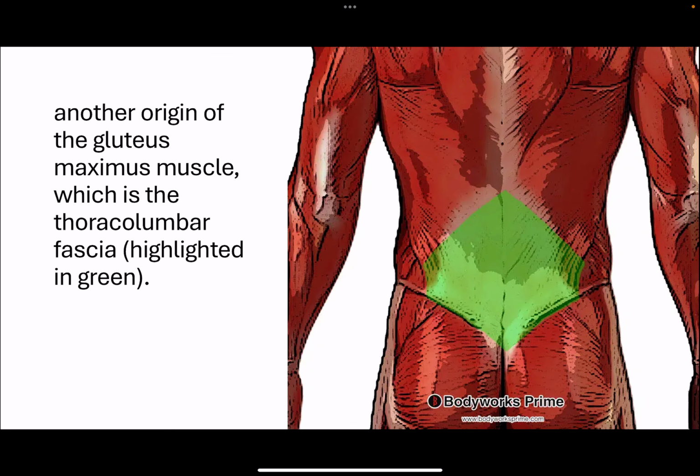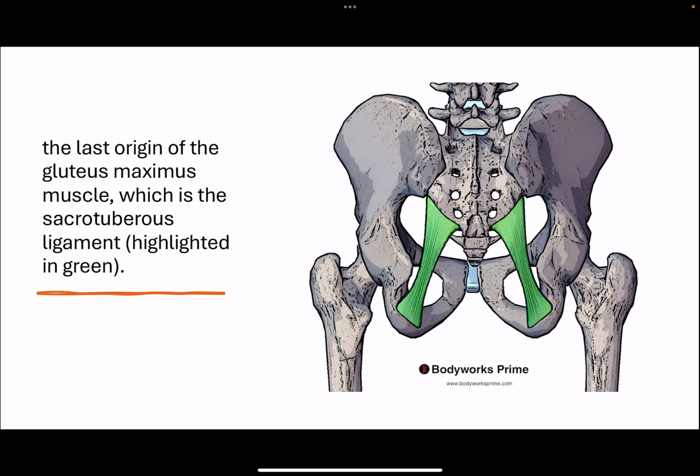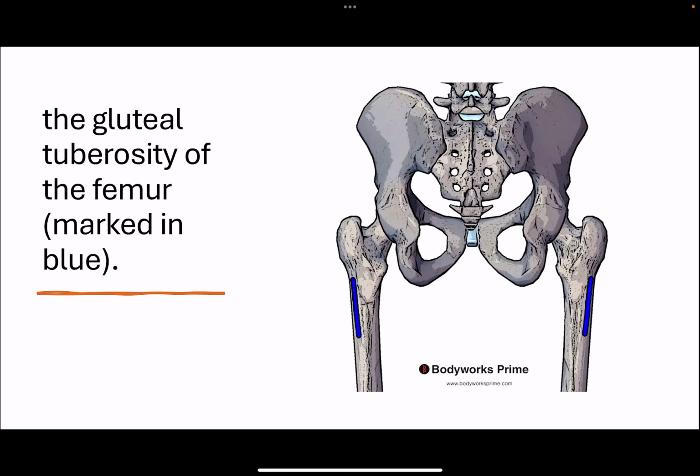Another origin of the gluteus maximus is the thoracolumbar fascia, highlighted in green. And the last origin of gluteus maximus is the sacrotuberous ligament, highlighted in green.